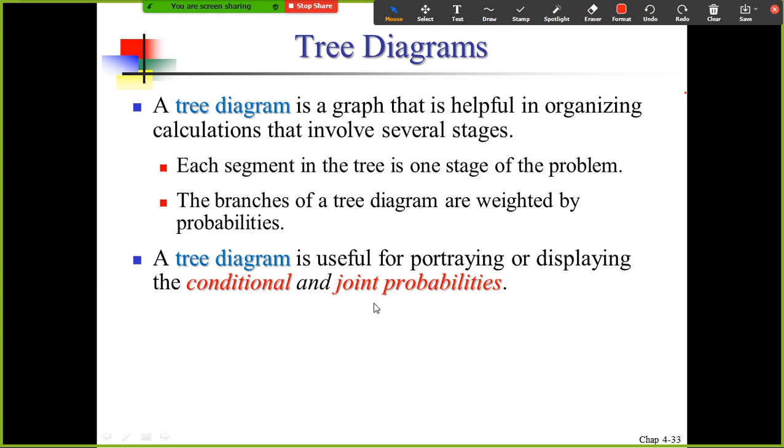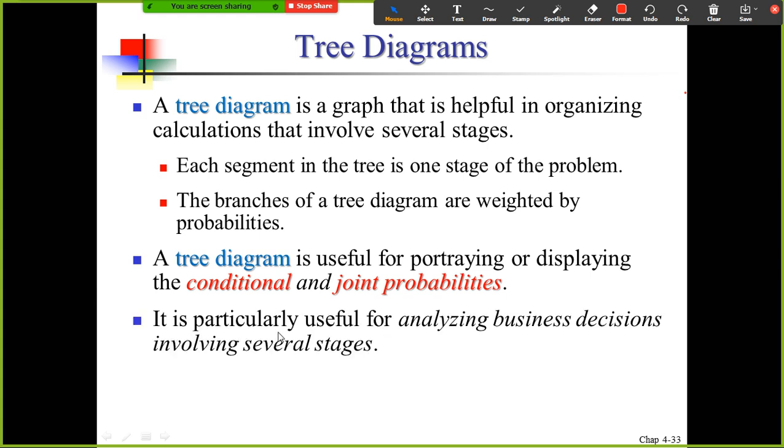So when you have a tree diagram, you need to show the conditional probabilities and the joint probabilities. Okay, so a tree diagram will show you two probabilities: conditional probabilities and joint probabilities. Joint probability is when we study the general rule of addition. Conditional probability is when we study the general rule of multiplication.